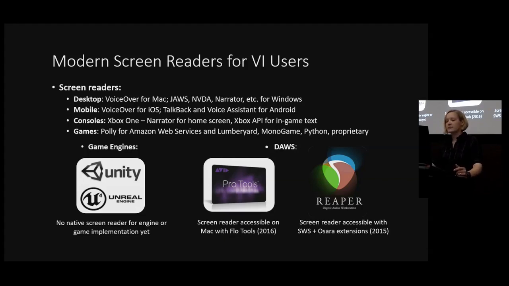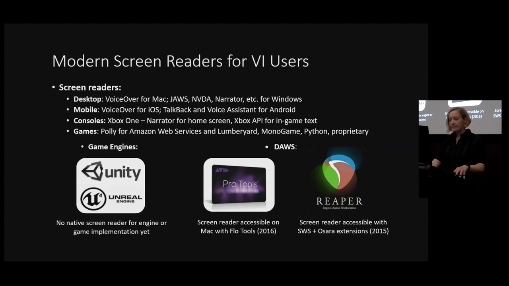So we have desktops, we have VoiceOver for Mac, we have JAWS, NVDA, Narrator, several others for Windows. For mobile, we have VoiceOver for iOS, and we have TalkBack and Voice Assistant for Android. And on consoles, on the Xbox One, we actually have Narrator for the home screen and the Xbox API for in-game text. And I'll be going over more of that later on, because these are actually much more recent developments.